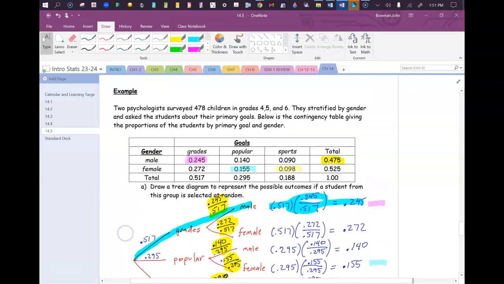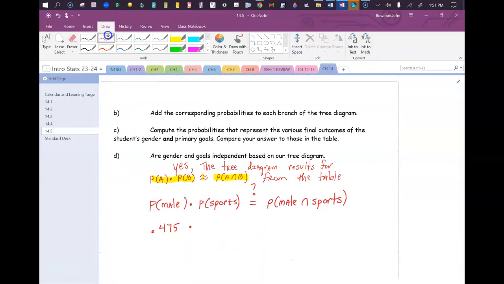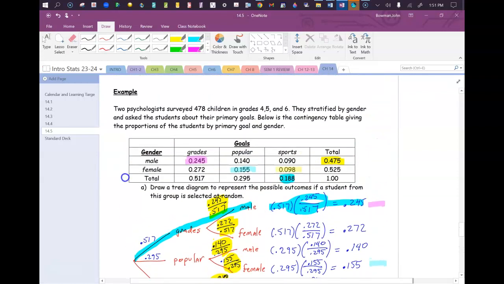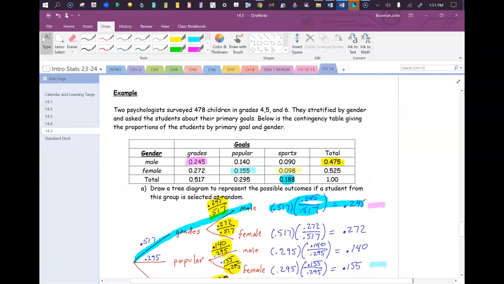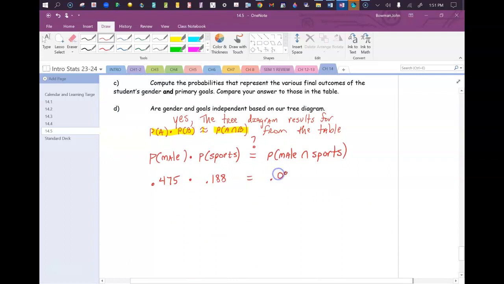Probability of sports, as you can see, is 0.188. So we'll go back, multiply that times 0.188. And is that equal to the probability of male and sports? So male and sports from the table is 0.090.